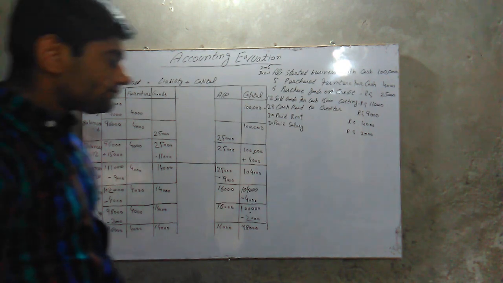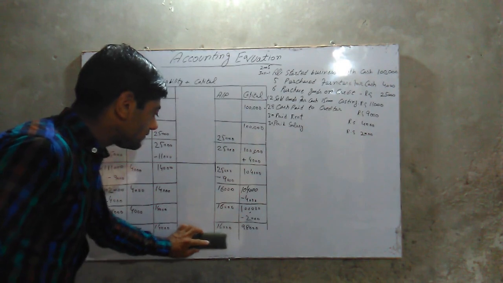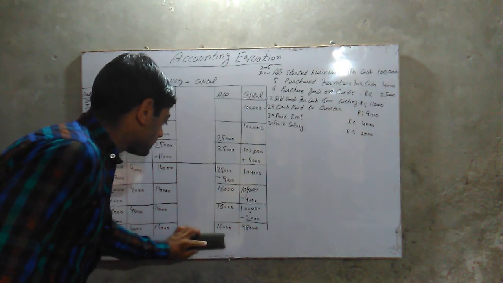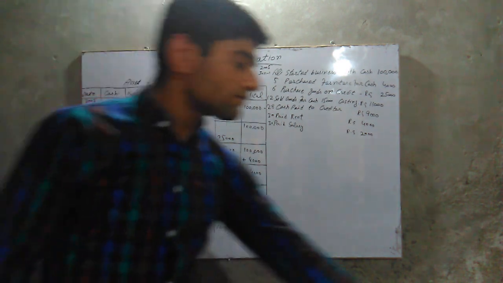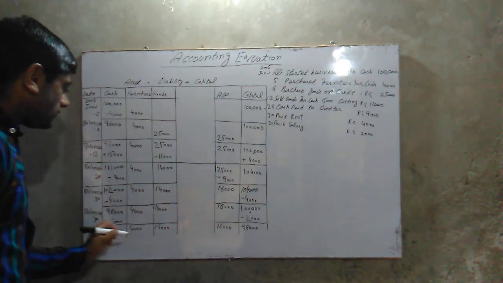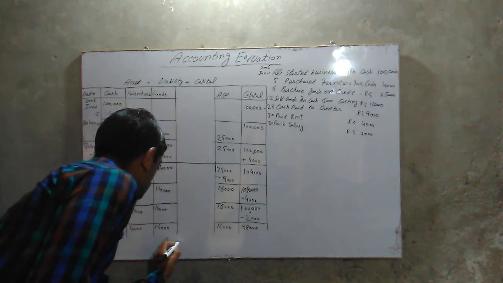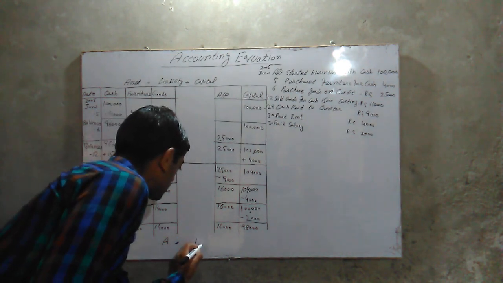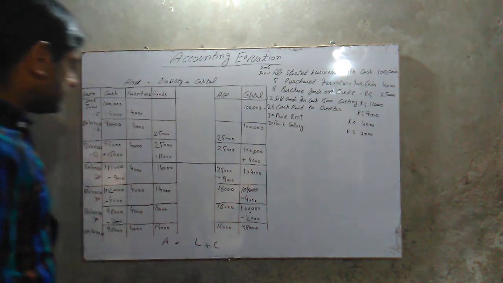So now assets is equal to L, where L stands for liability, and C stands for capital.